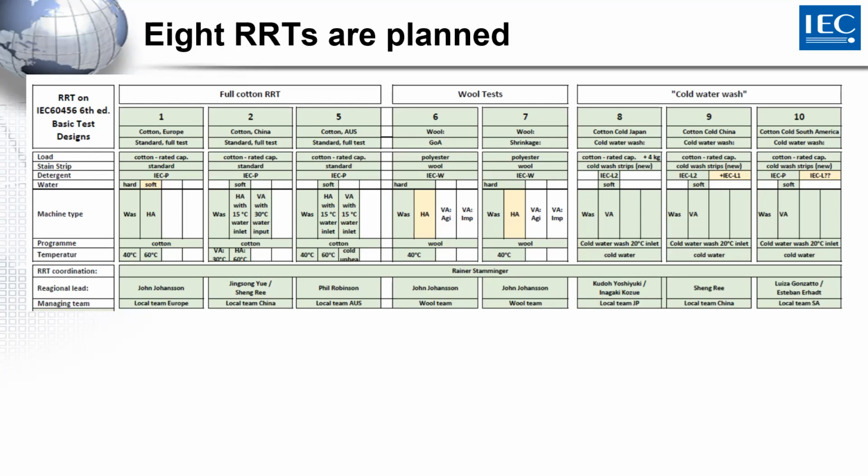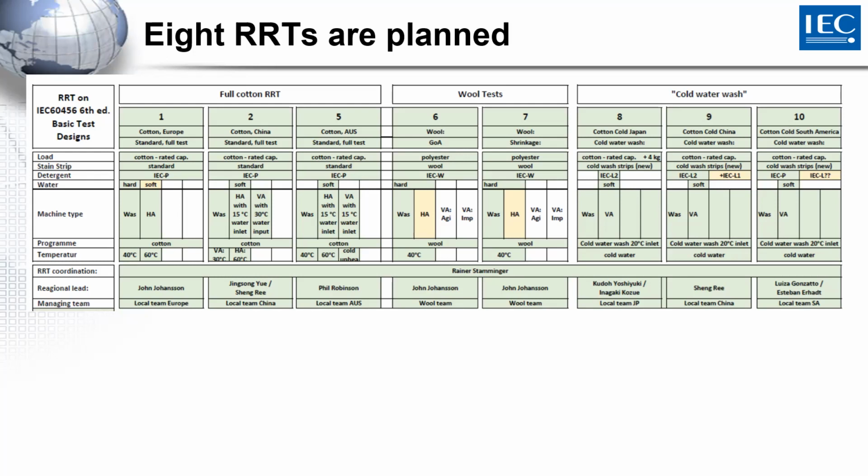Common is that we have the Rościata reference machine, which is tested in most of those labs. And we have horizontal and vertical axis machines. In Europe, we will only have horizontal axis, that's the HA abbreviation, while in China and Australia, we will test horizontal and vertical axis machines.